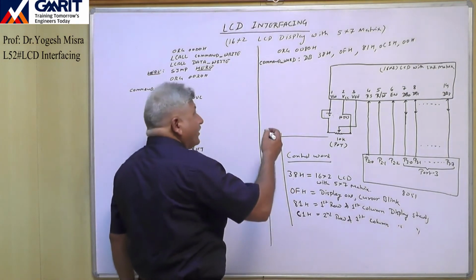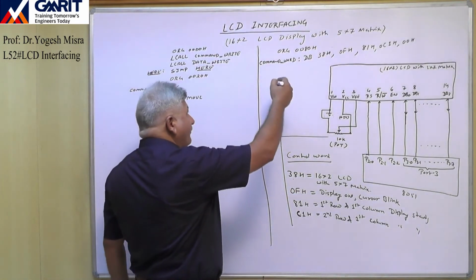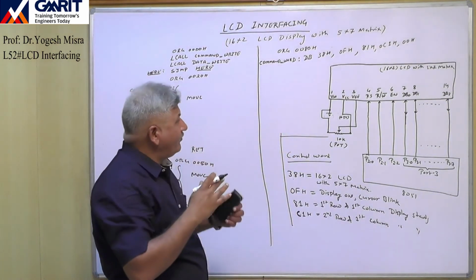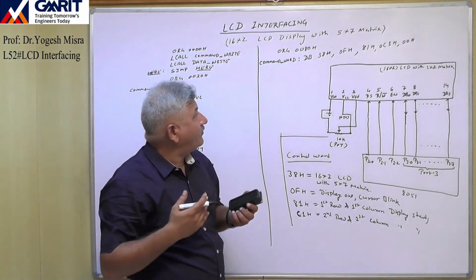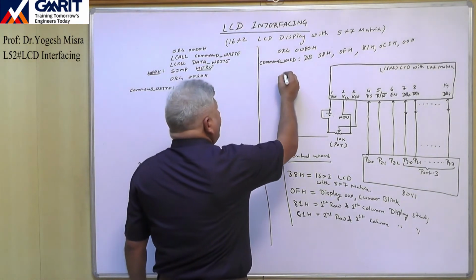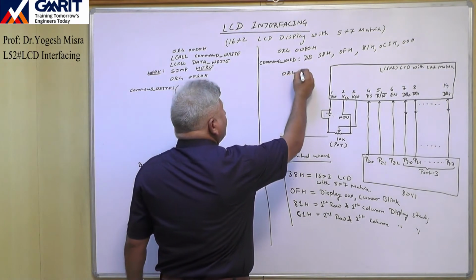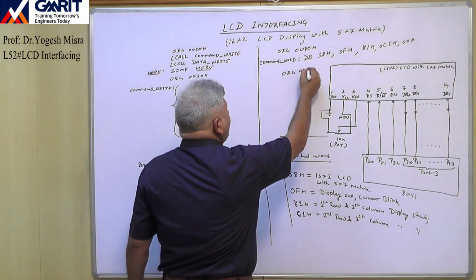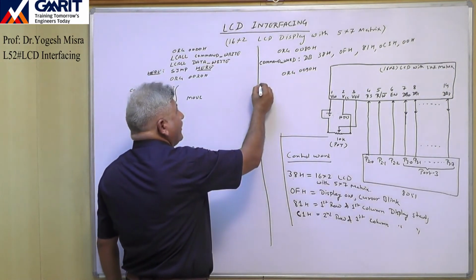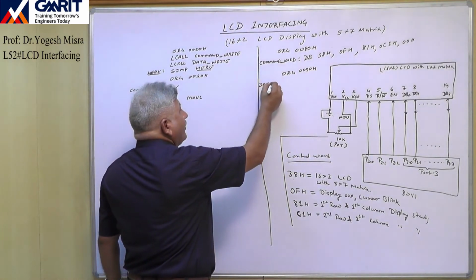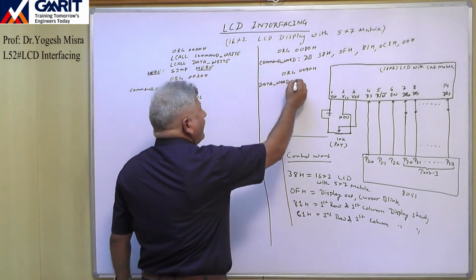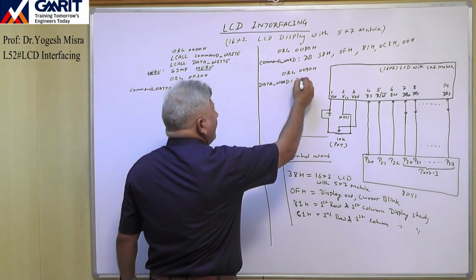Now, so these are our command words. Same, we will load the numbers or the alphabets which we want to display from org 0090H. So I will give the name data_word. Again these are bytes.